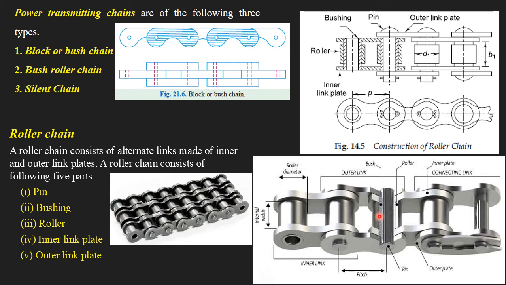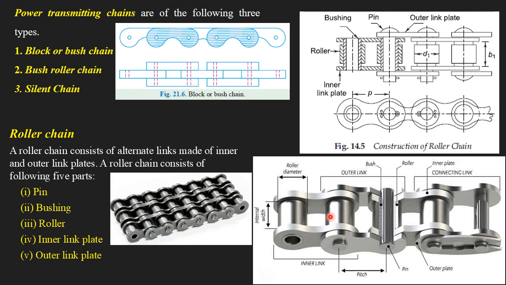Because when the rollers engage with the teeth of the sprocket, it will have smooth motion, the wear generated will be very less, and the stresses generated on the bushing will also be less. So as I said, the bush is present, and above the bush there will be a roller.